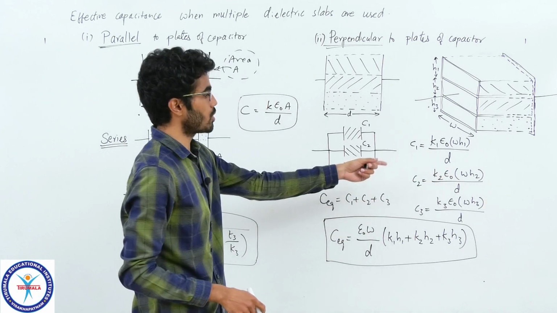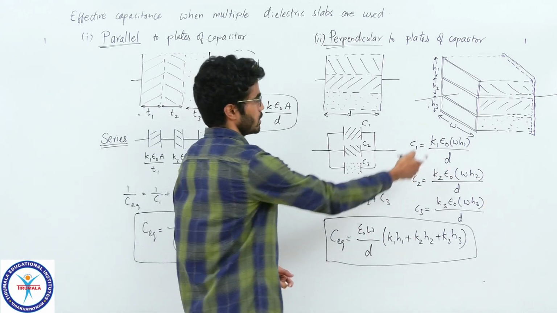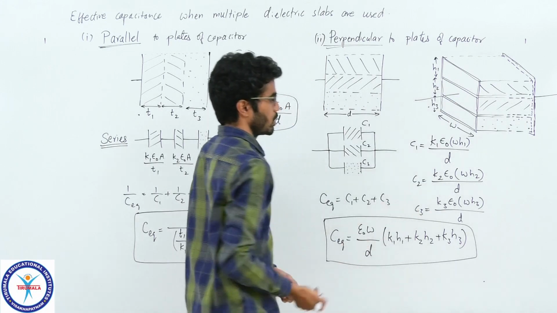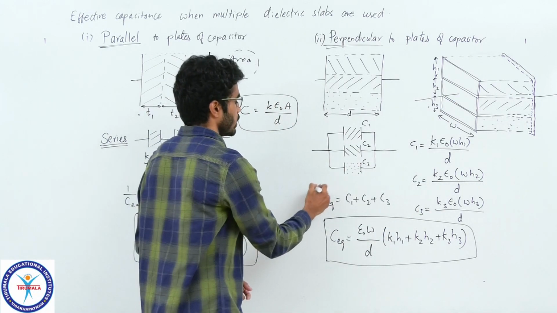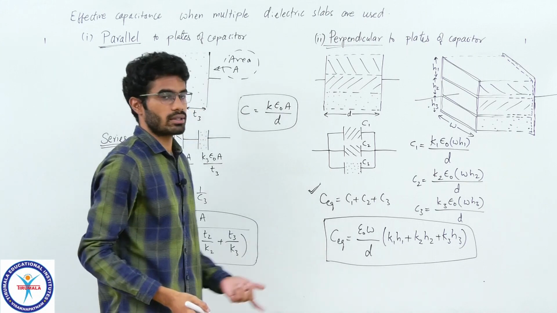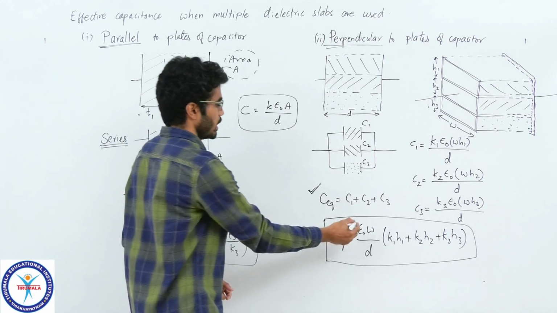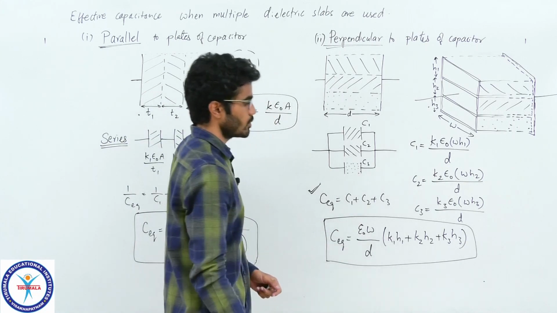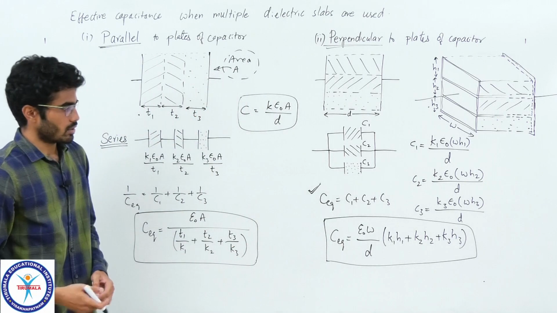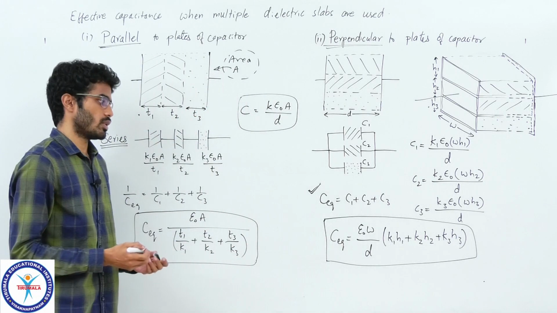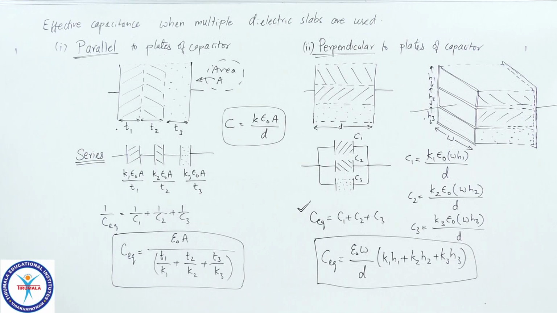So K2 into epsilon naught A by D, where A is W into H2. Similarly for the third one. And the C equivalent here is C1 plus C2 plus C3 in parallel. So we get this equation. These two equations are very important. So keep these things in mind.